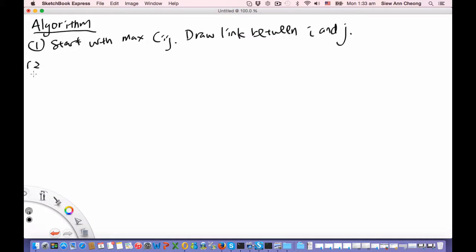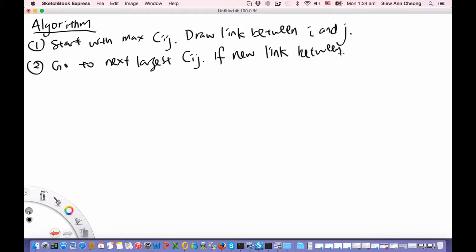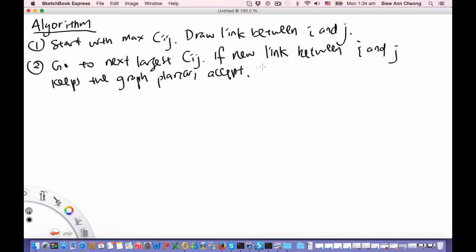Okay, then you go to the next largest Cij, and if the new link between i and j keeps the graph planar, accept the link, else reject.